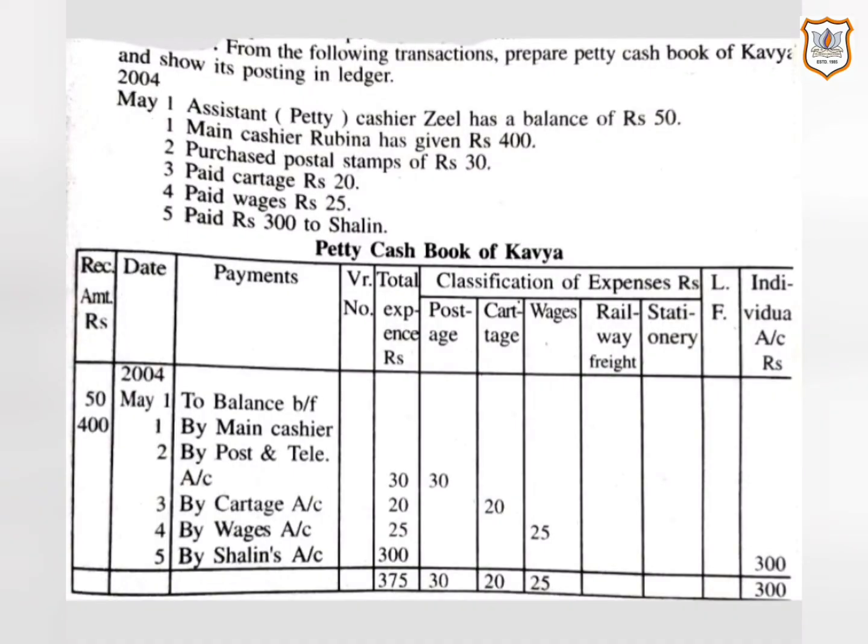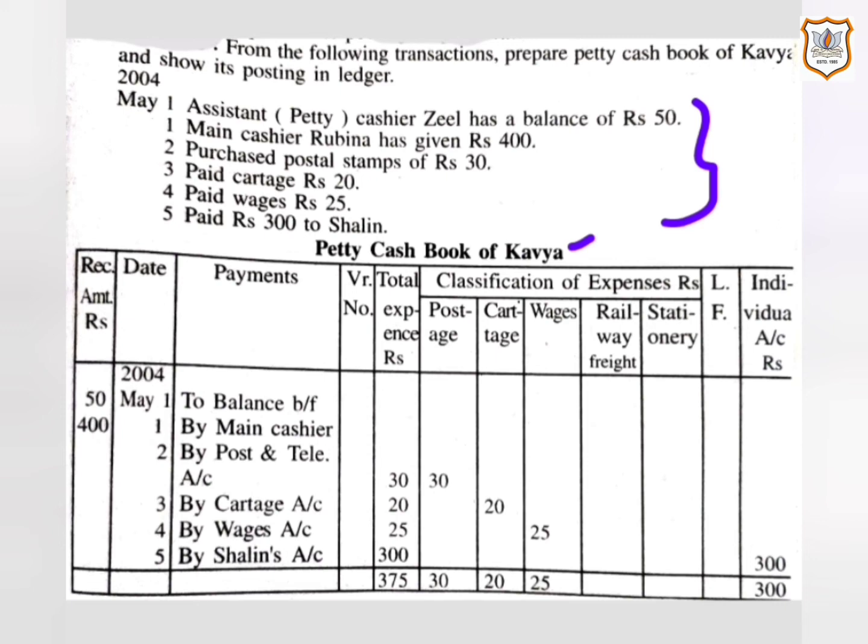Now let us take an example of petty cash book to understand the process of posting of petty cash book. So here, there are transactions you can see. On the basis of these transactions we will prepare petty cash book. Petty cash book of Kavya is here, you can see it. We know how to prepare petty cash book as we have learned it in earlier chapter.